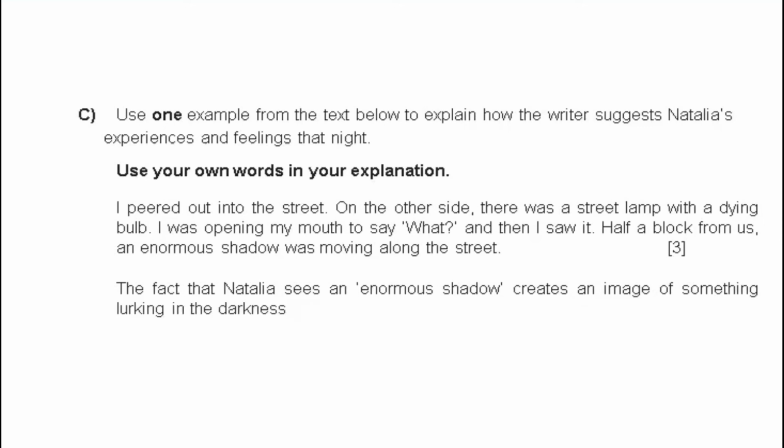And you might want to look at the connotations of shadow. Maybe there's a sense of evil, perhaps it's intimidating, threatening, etc. I am going to zoom in, and again, I don't think there's any expectation for students to necessarily zoom into powerful words with this question. However, I think Cambridge really appreciates students who understand how writers craft their writing.